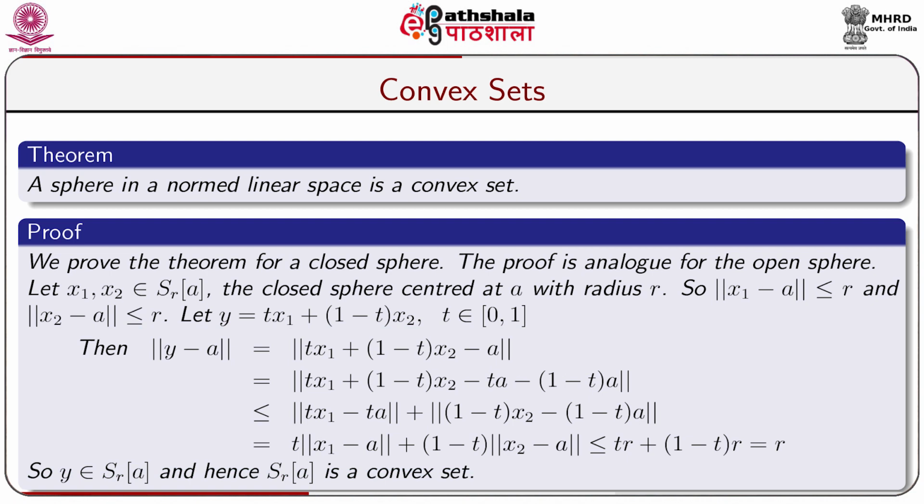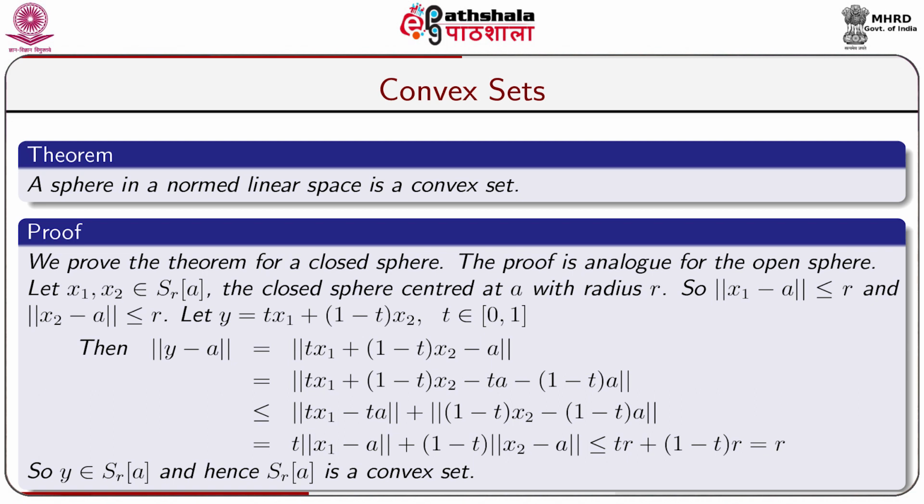So norm of t x1 plus (1 minus t) x2 minus a is equal to norm of t x1 plus (1 minus t) x2 minus t a minus (1 minus t) a, which is less or equal to norm of t x1 minus t a plus norm of (1 minus t) x2 minus (1 minus t) a by the triangle inequality property of the norm, axiom 3, which is again equal to t into norm of x1 minus a plus (1 minus t) into norm of x2 minus a.